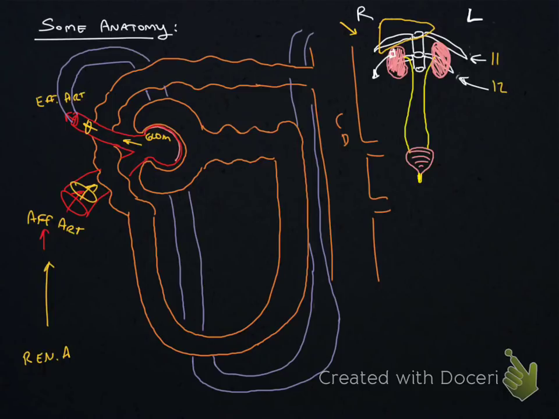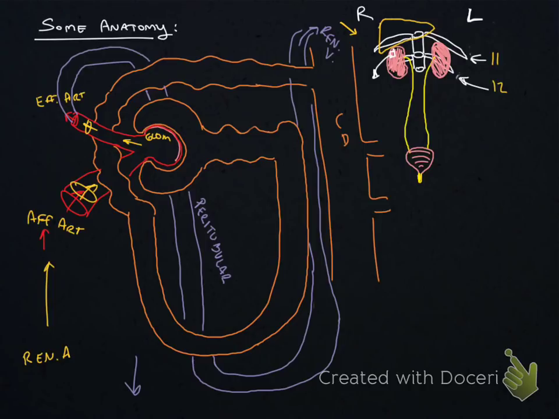Normal ones are called peritubular capillaries. But whenever they extend even further down into the medullary region, they're called the vasa recta. And this would end up going into the renal vein. The blood would end up in the renal vein.